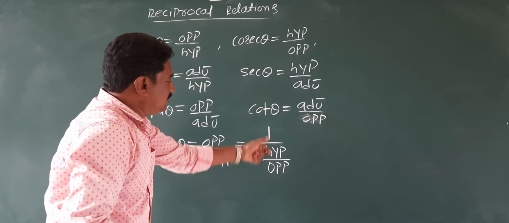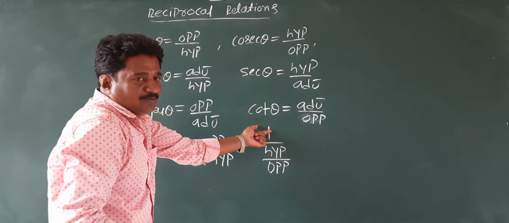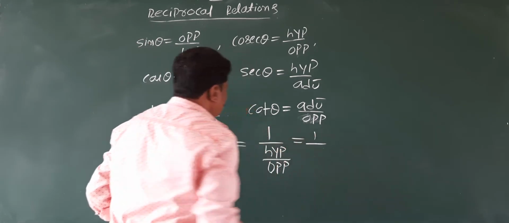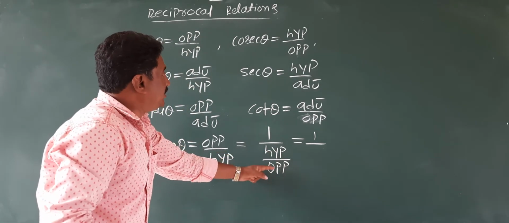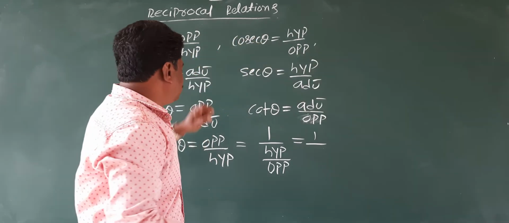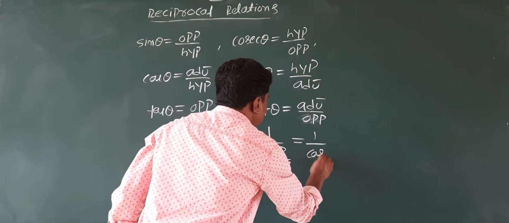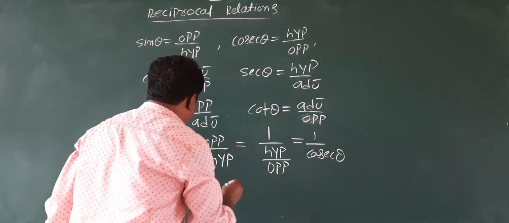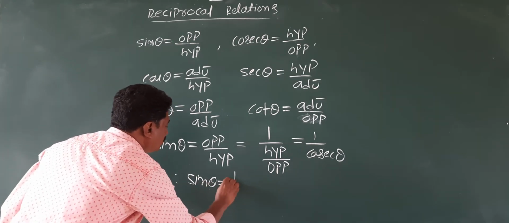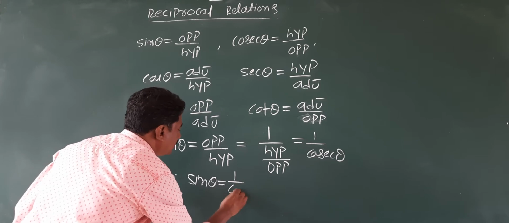On reversing, again opposite side goes to numerator and we get back this. So what is hypotenuse by opposite, students? Hypotenuse by opposite is nothing but cosec theta. Therefore, finally we got sin theta is equal to 1 by cosec theta.